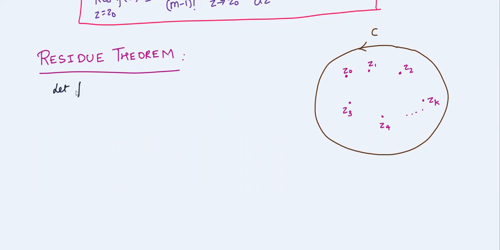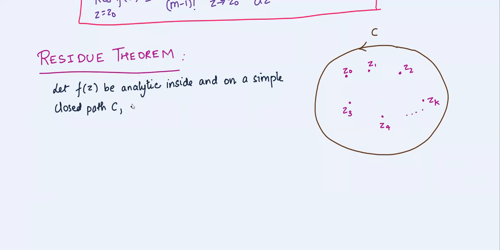So let f of z be analytic inside and on a simple closed path C, except for a finite number of singular points.